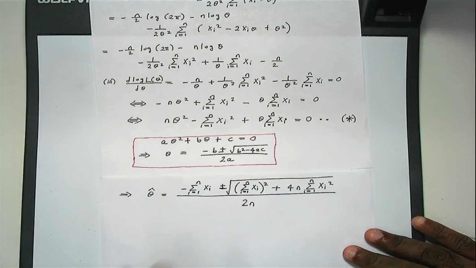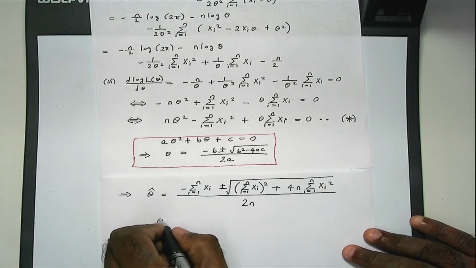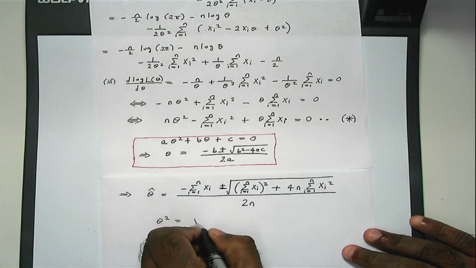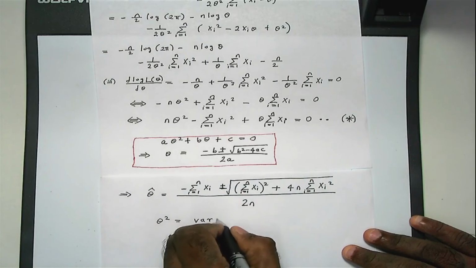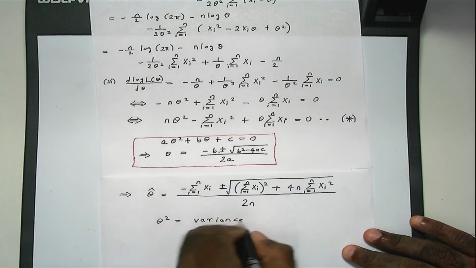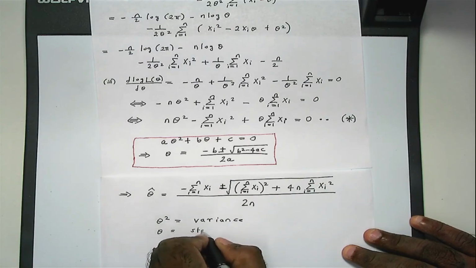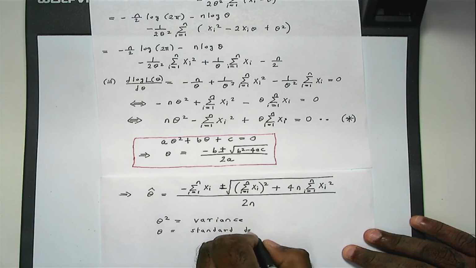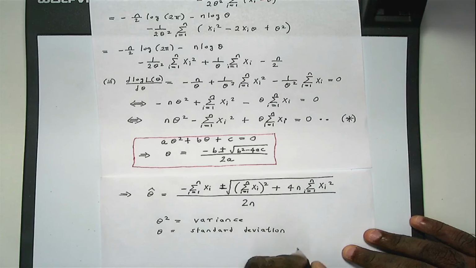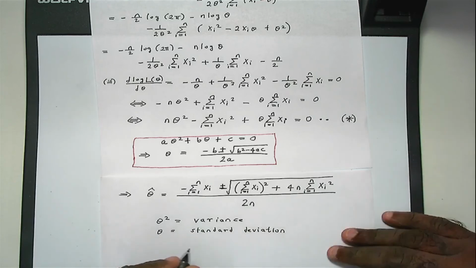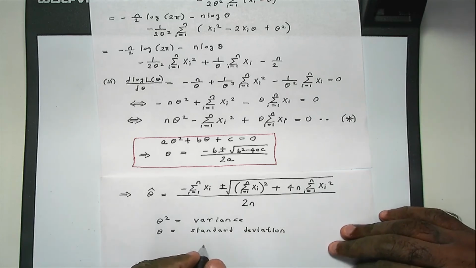Remember that theta squared denotes the variance of the normal distribution, and theta denotes the standard deviation. By definition, variance and standard deviations are positive parameters.